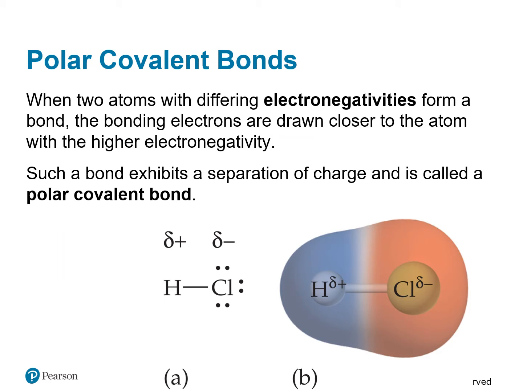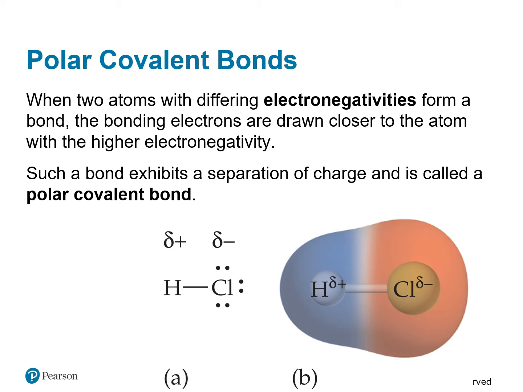So what are polar covalent bonds? We already know the covalent bonds where the electrons are shared. In polar covalent bonds, let's take an example of hydrogen chloride here. From the chart that I showed you in the earlier figure, you saw that hydrogen had an electronegativity of about 2.1 and then it increased from left to right.